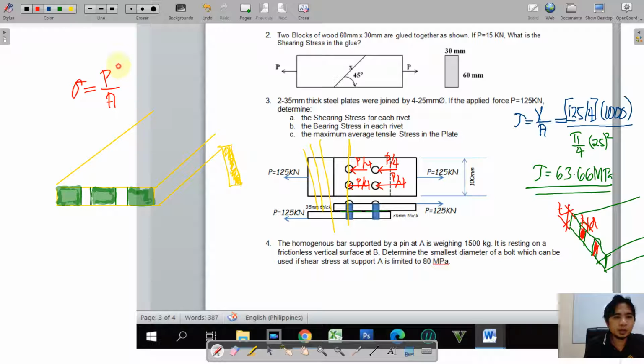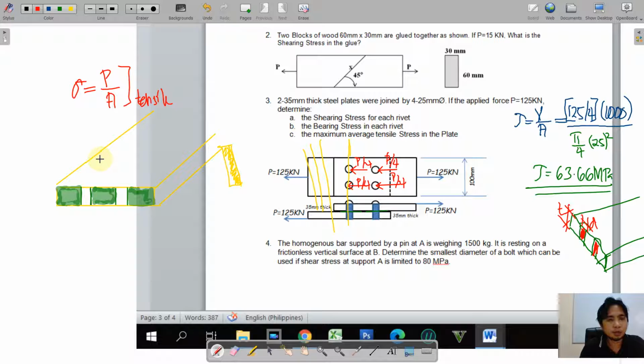So when we have a tensile type of stress, of course this hole will have an effect on the fiber that is being stretched, right?